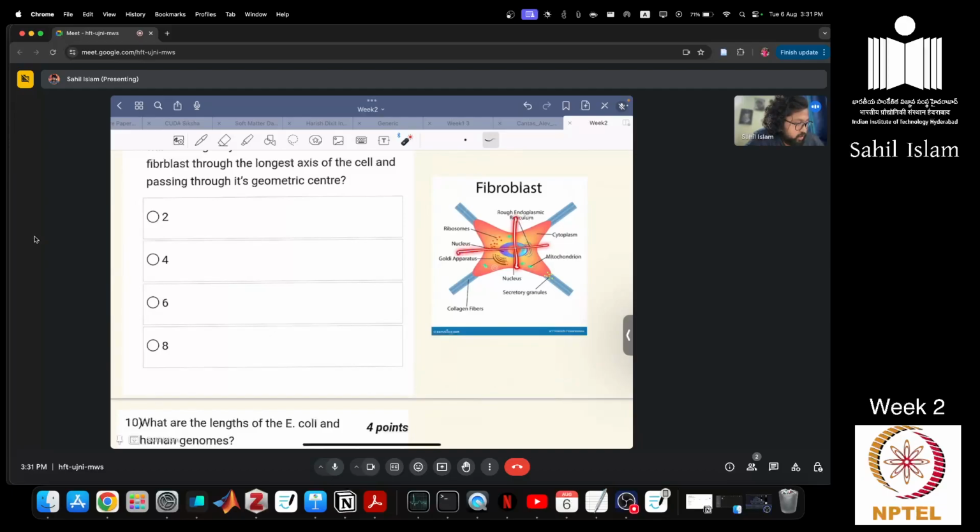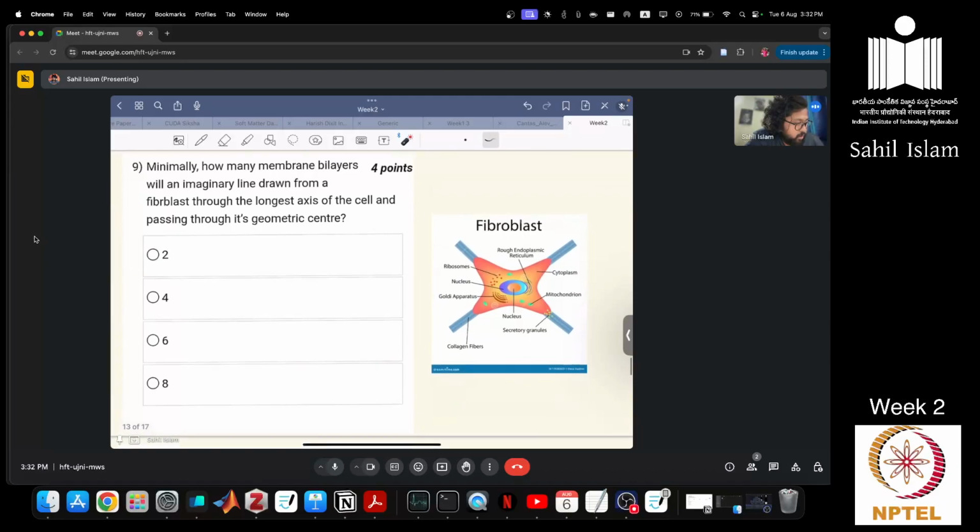So whichever direction you go, if you don't hit the Golgi body, you must hit the nucleus. This nucleus has one bilayer here, and when you are passing out, there will be another bilayer. So the right answer will be 2.